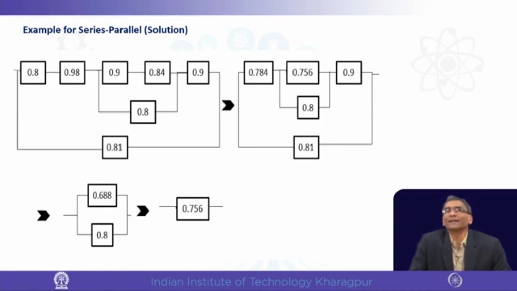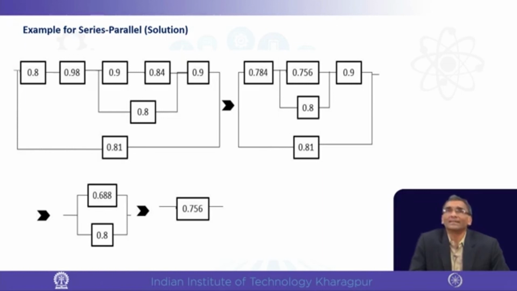You will find these values wherever they are, step by step, and you can try it once the lecture is over. The final system reliability is 0.756, or in some way it is called 75.6%.